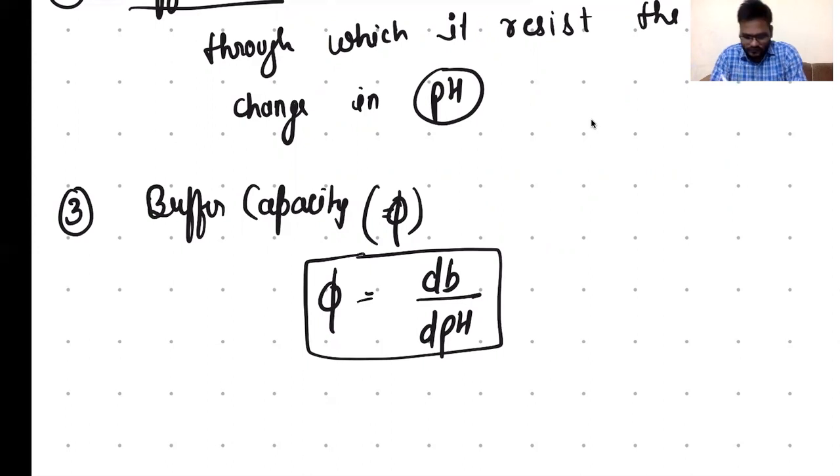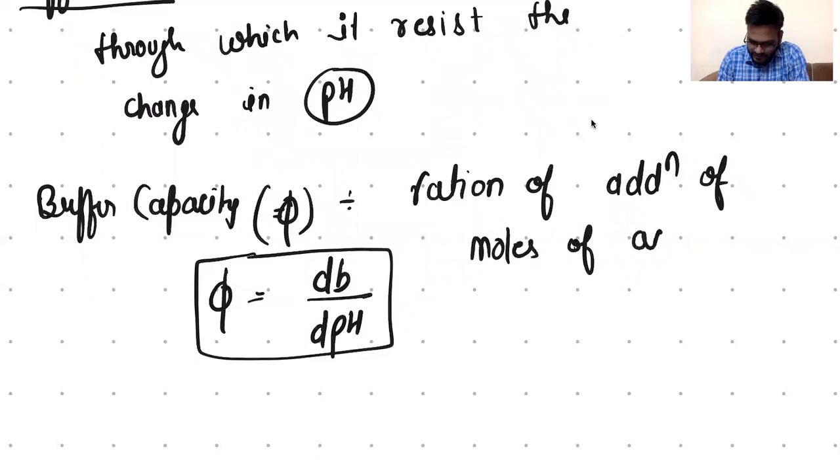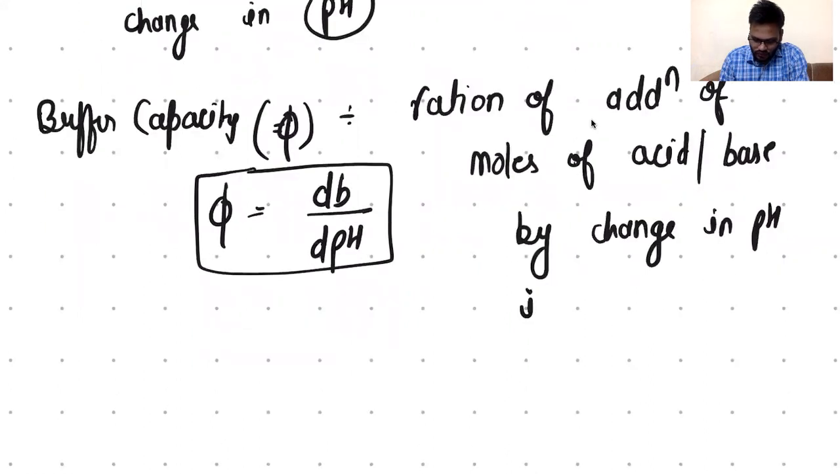It is the ratio of addition of moles of acid or base by change in pH into 1 liter of solution. Right?